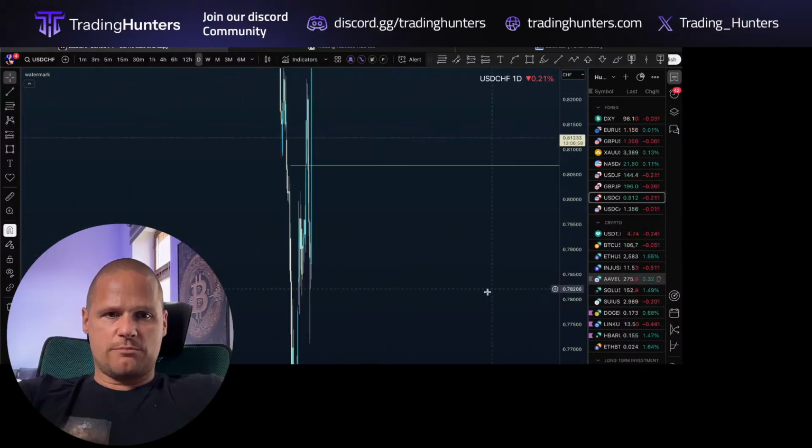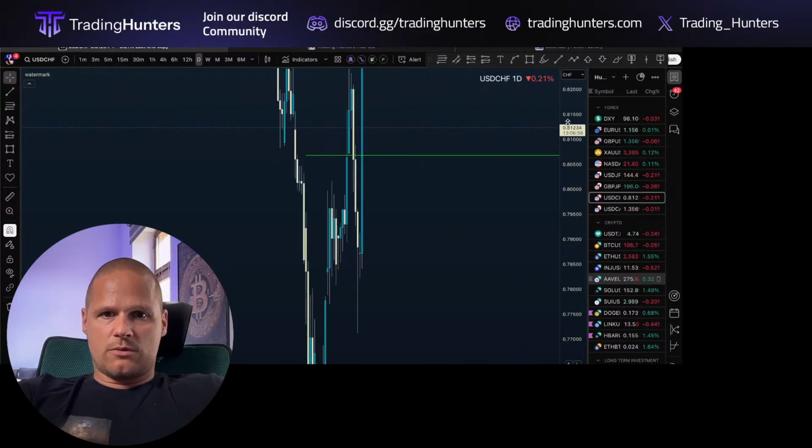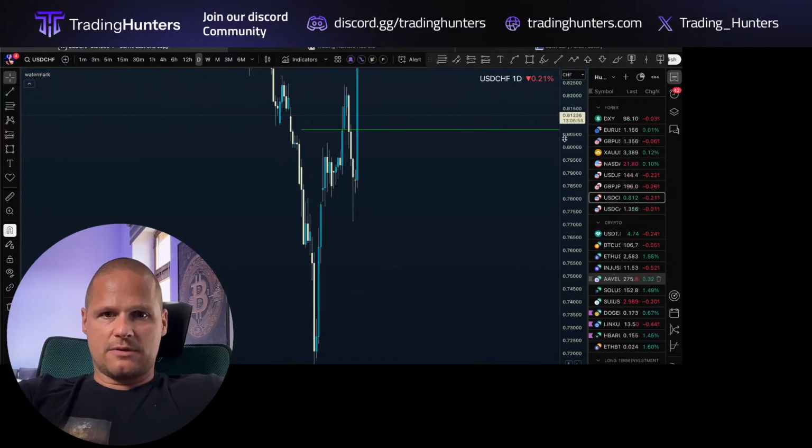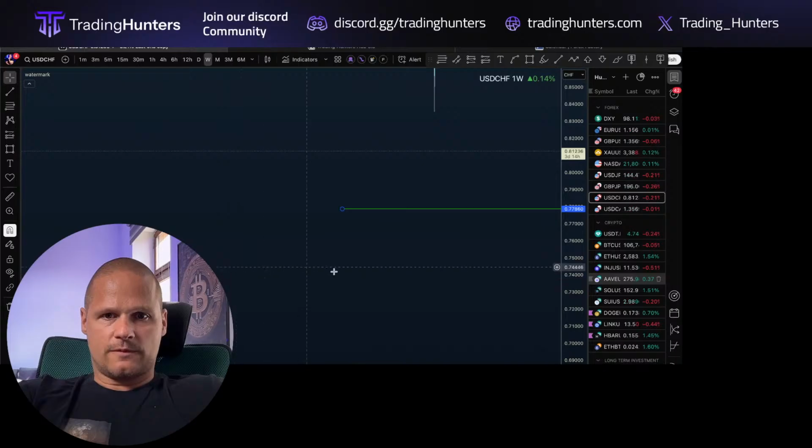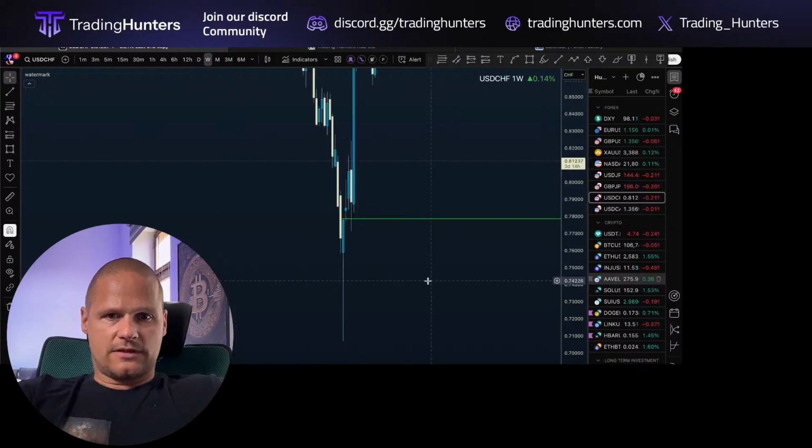much deeper. If you go to a lower time frame, you can make it even more precise. It would be even lower, maybe somewhere down here, these down candles, maybe on weekly. This is always difficult to find.